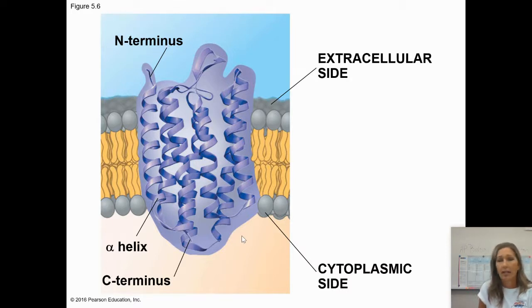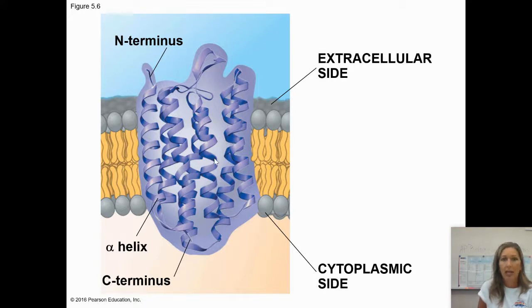Now, this isn't an aquaporin. This is just an integral protein showing you how proteins can become embedded. And this is going to allow for these other polar molecules, or even transport proteins, that need to be moving things in and out of the cell. Now, these channel proteins are specific. So this could be a chloride ion channel.